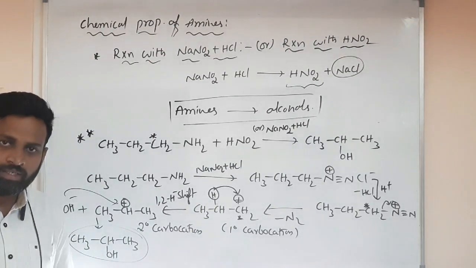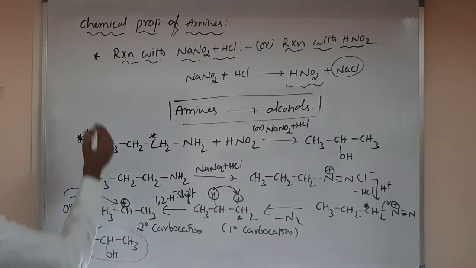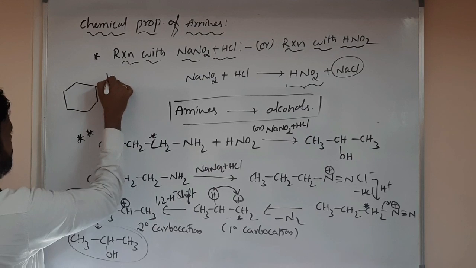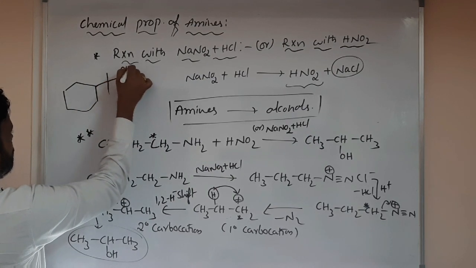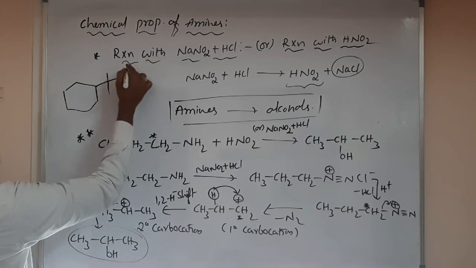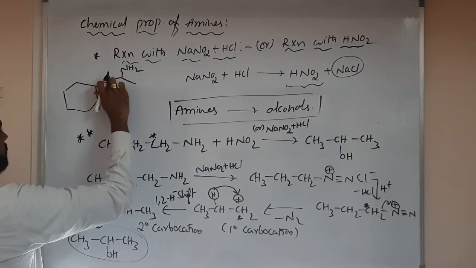Understood, sir? Please remember this, it's very important. Where you have OH like that, it's very important. Please remember. Okay. Suppose you have this. Here you have NH2, sir. Two alkyl groups here you have.